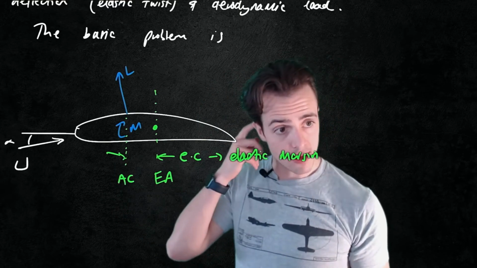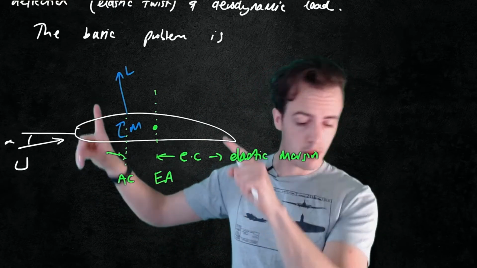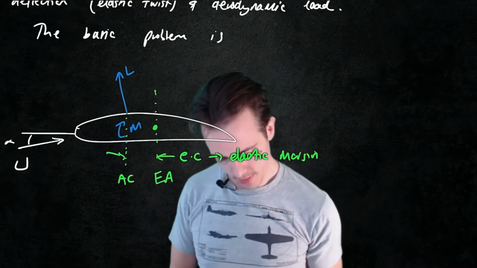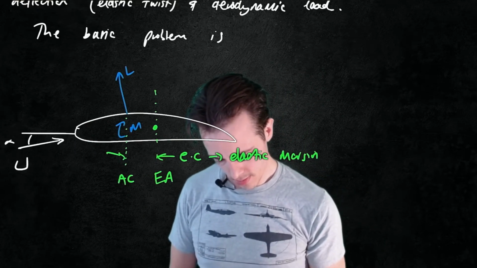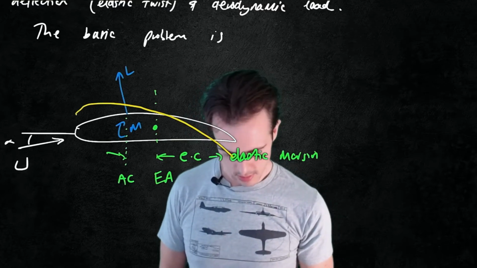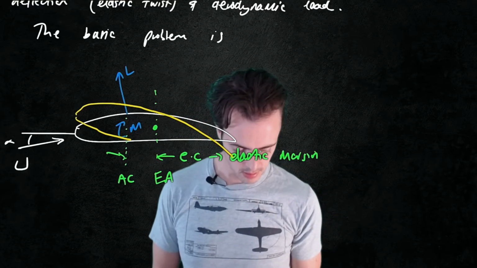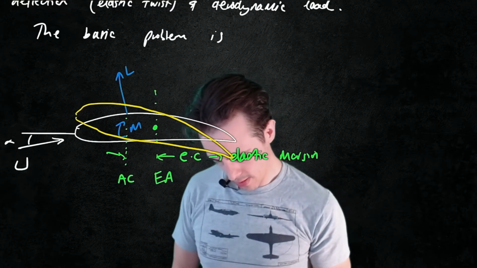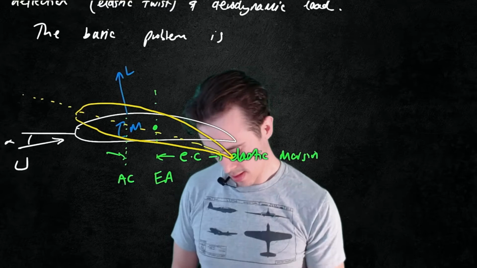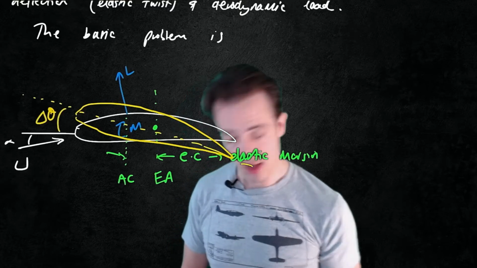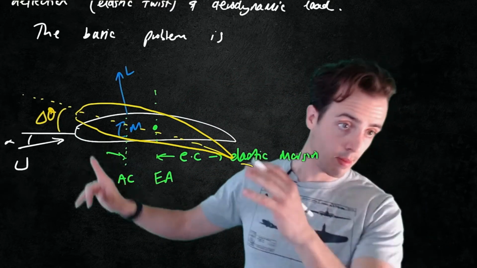But what we can see is this is going to cause an increase in twist nose up. Okay, so that's going to cause this very exaggerated change in torsional twist because of that pitching moment.